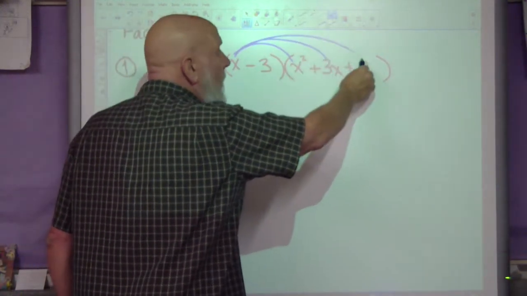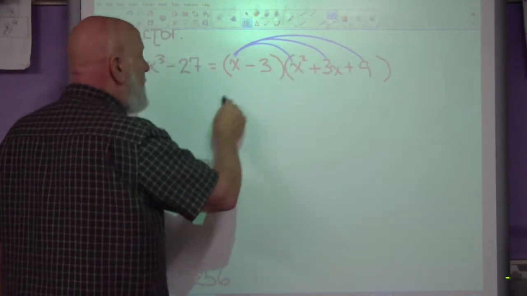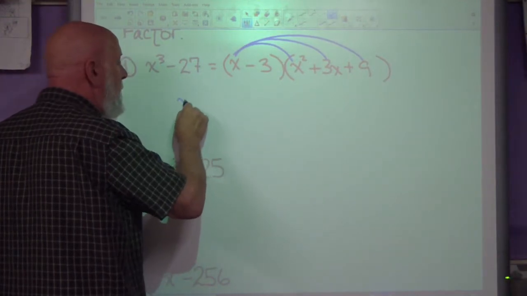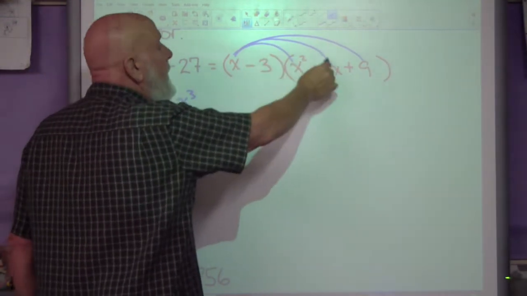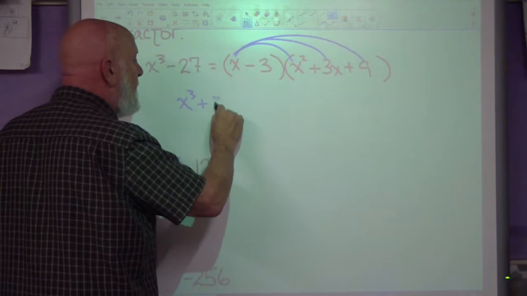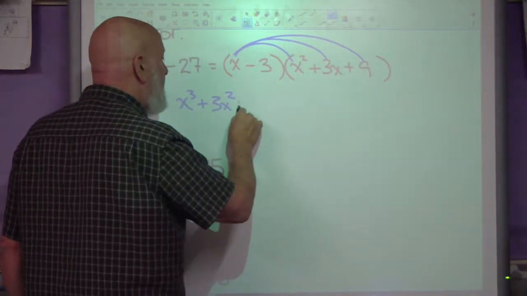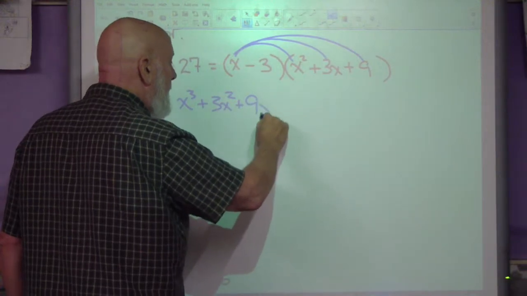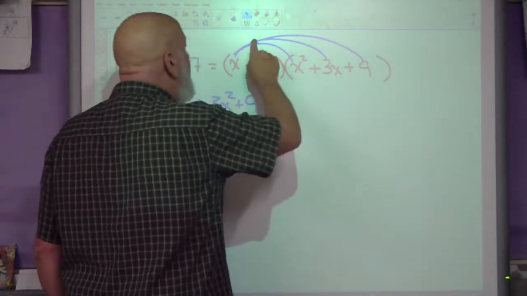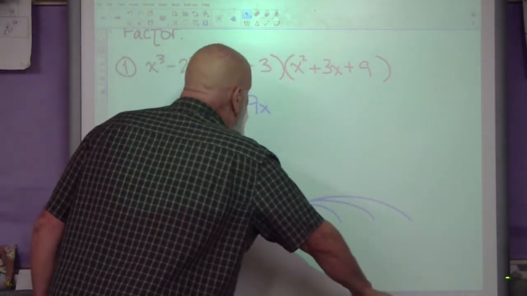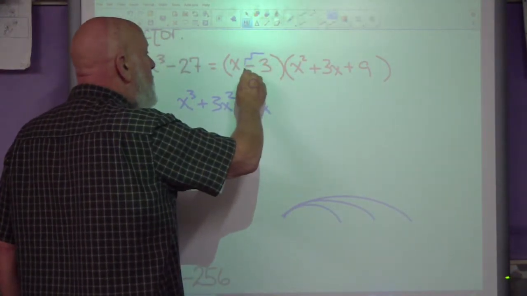You don't have to do this part. X times x squared is x cubed. X times positive 3x is positive 3x squared. X times positive 9 is positive 9x. And then I'm going to take that negative 3 and do the exact same thing. I'm going to take negative 3 and distribute it.